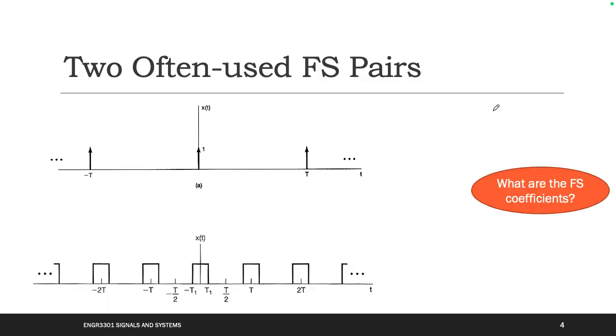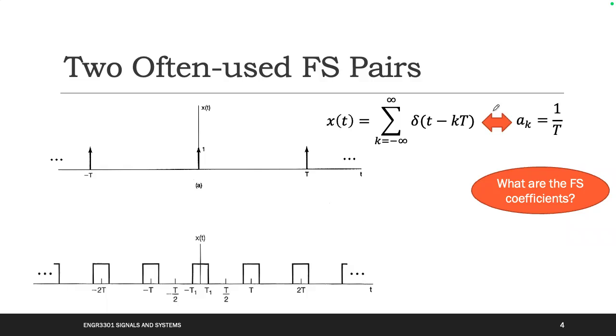Let's try to recall what the FS coefficients are for those two signals. The first signal, we represent it like this, in the time domain. Do you remember what the FS coefficient is?